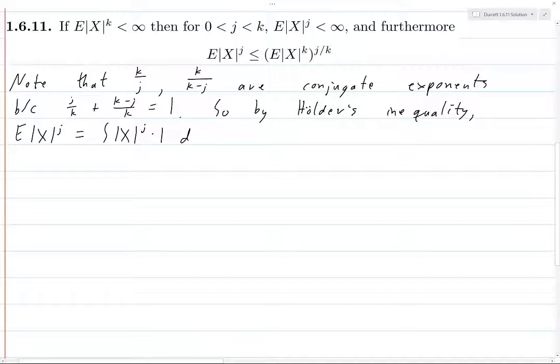I guess this is dp because we're integrating a random variable, which means that the underlying space has a probability measure, and probability measures are denoted by p.